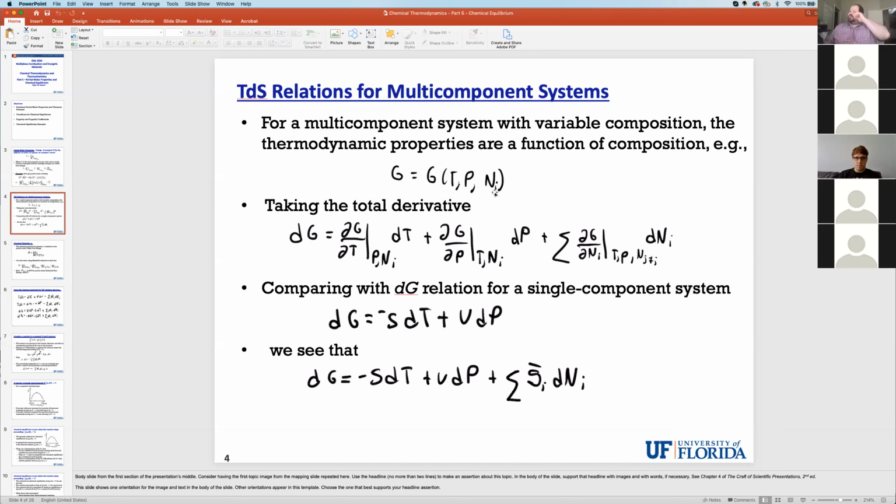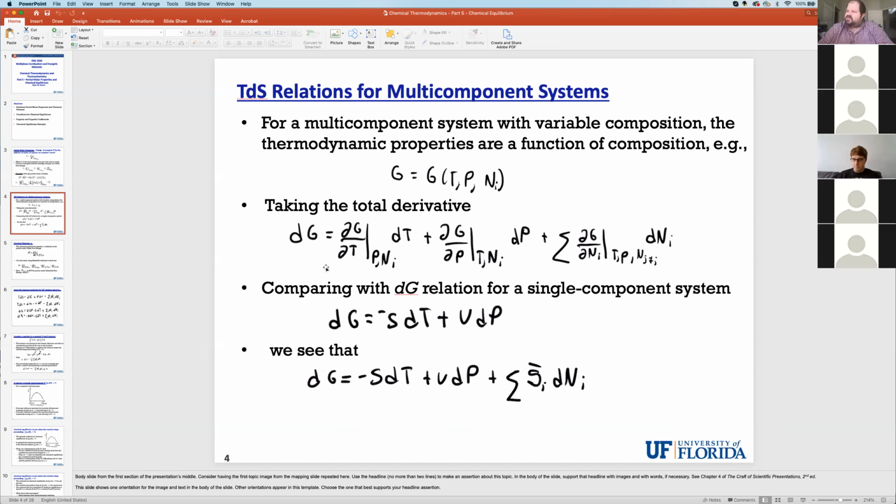So we take the total derivative, and we have these extra species terms. dg is equal to partial g partial T at constant p and constant composition, plus partial g partial p at constant temperature and constant composition.